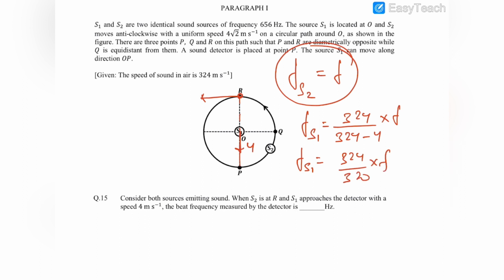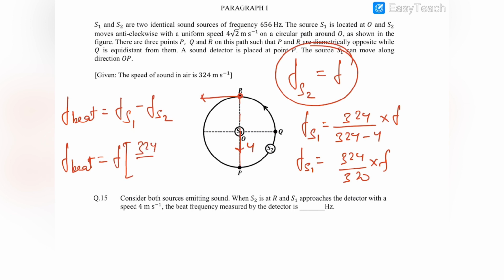So the beat frequency F beat would be equal to Fs1 minus Fs2. So F beat would be equal to F, which is common, into 324 by 320 minus 1.